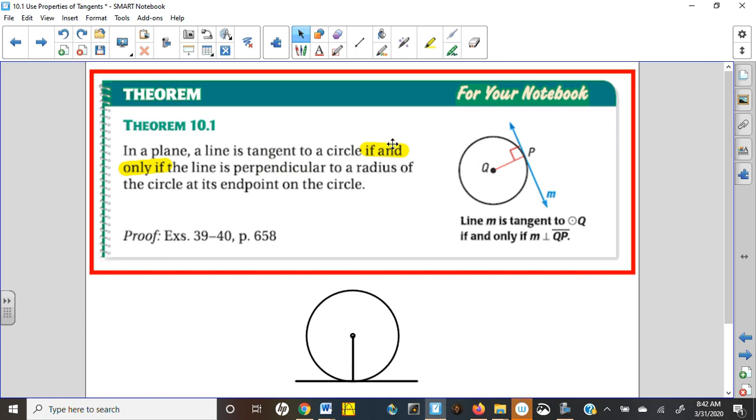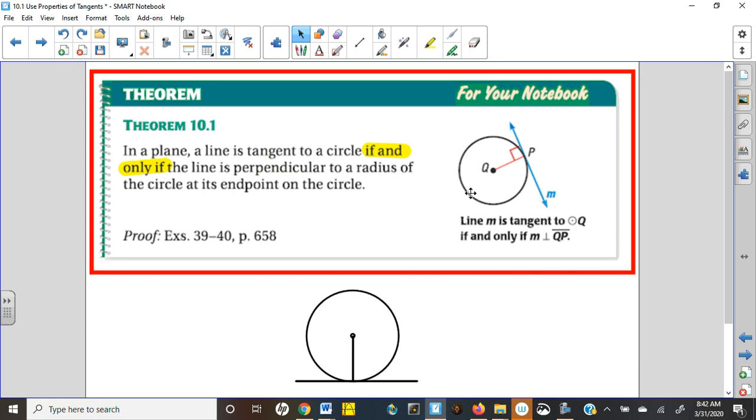We haven't seen these types of theorems really since first semester, when we were doing a lot more theorems that weren't just formulas, right? You'll see a lot more theorems in this chapter that will remind you of first semester than most of the theorems you've seen that are more like area and volume formulas. The if and only if means it works in both directions.